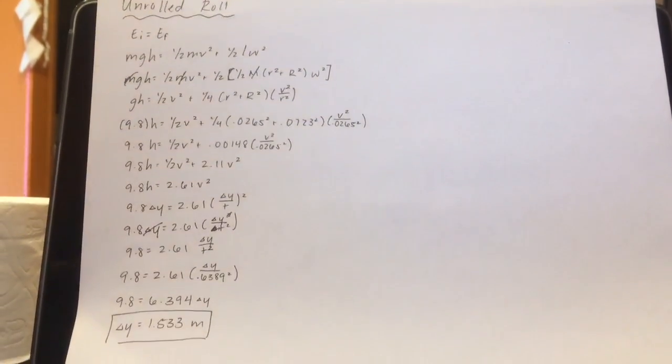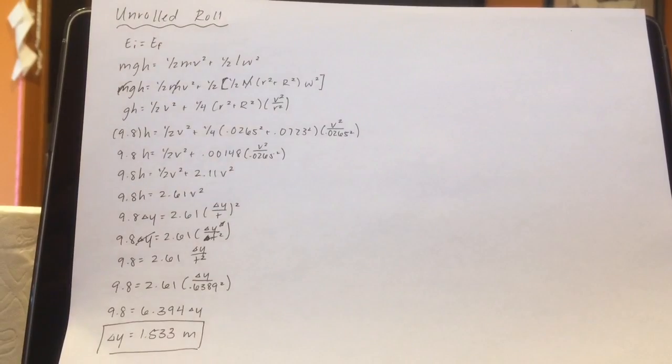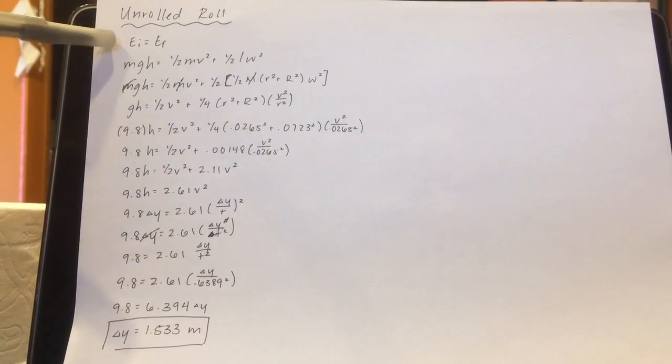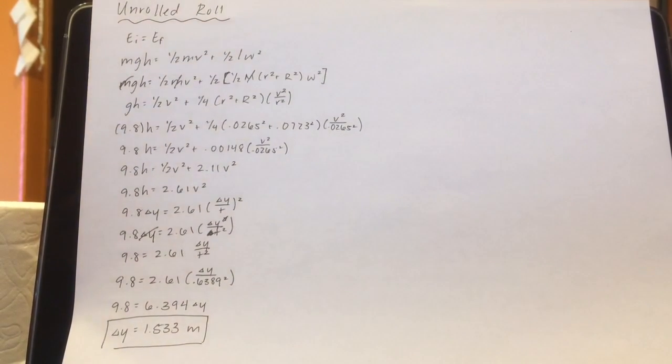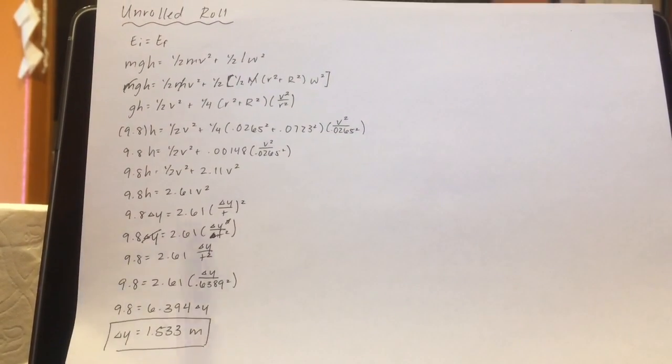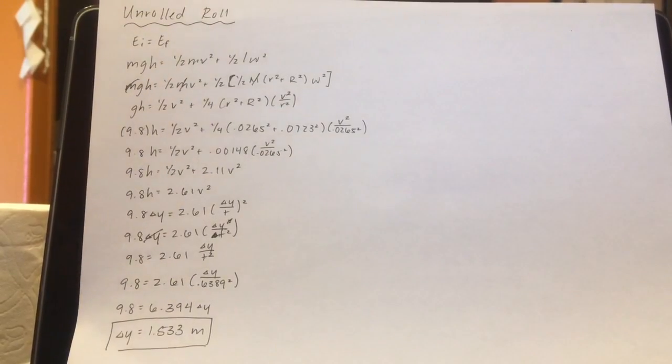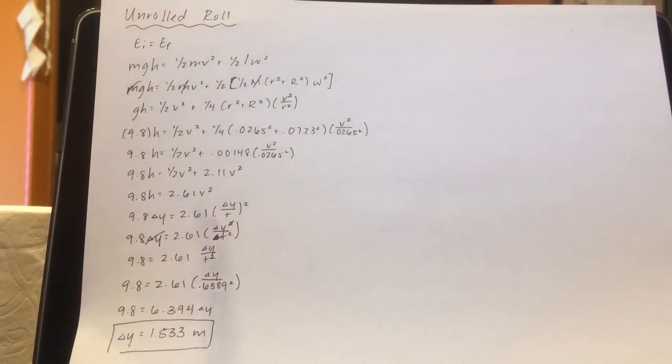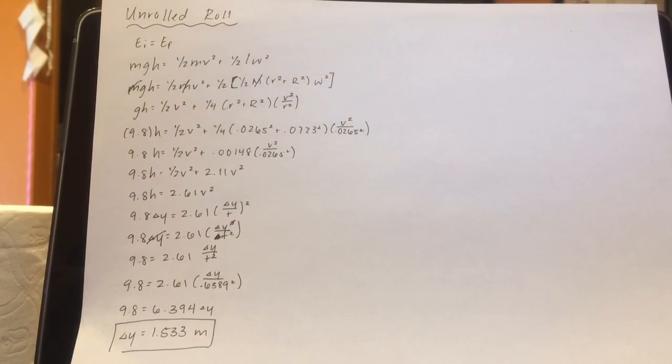To calculate the height from which we should unroll the other toilet paper roll, we also use conservation of energy, which is energy initial equals energy final. So energy initial was potential energy, mgh, equals 1/2 mv squared, which was translational kinetic energy, plus 1/2 moment of inertia times omega squared, which is rotational kinetic energy.